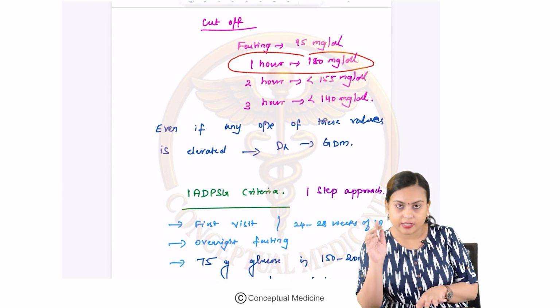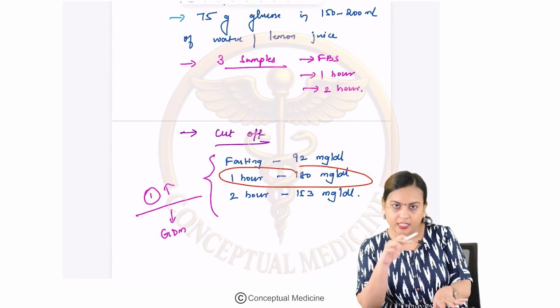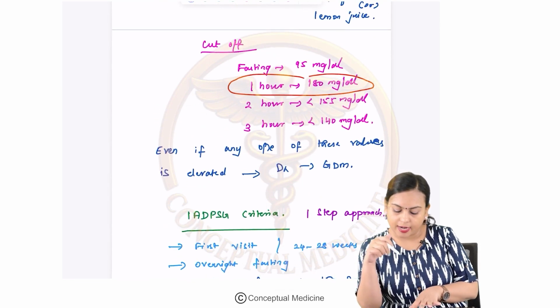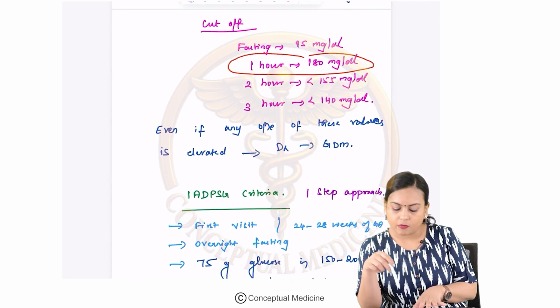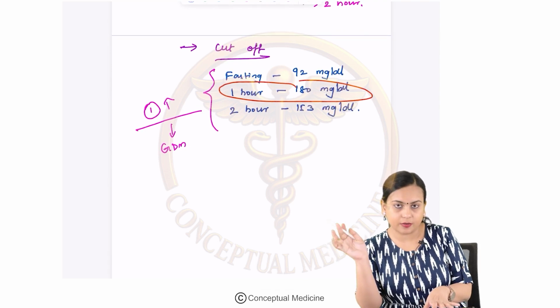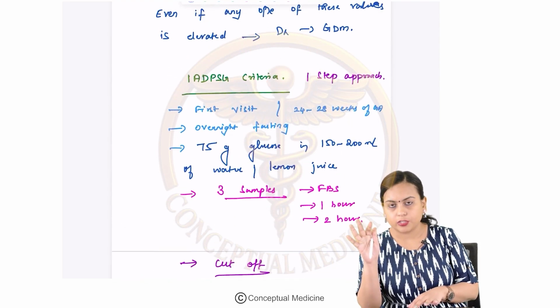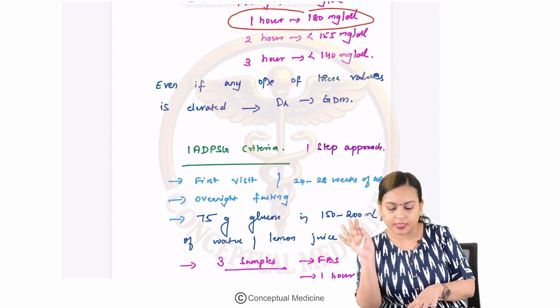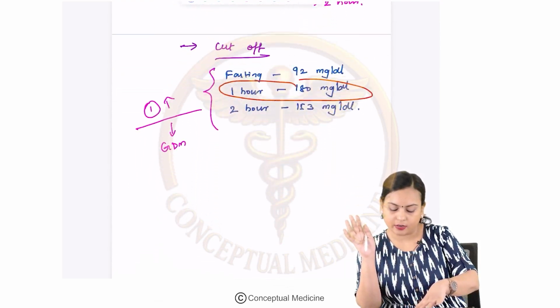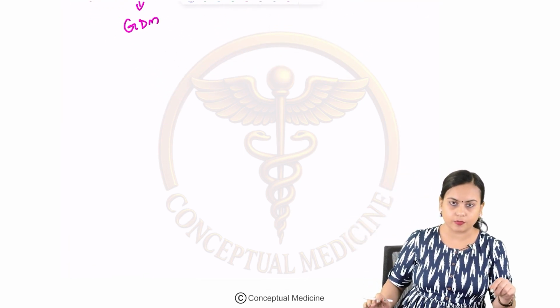In the OGTT, fasting is 95 milligram per deciliter, whereas in the IADPSG, it is 92, right? And the 2 hour value is 155 milligram per deciliter in OGTT, and here the 2 hour value is 153 milligram per deciliter. Clear? And we have a 3 hour value for OGTT, that is 140 milligram per deciliter, whereas we don't have a 3 hour value in IADPSG. Clear? So the reference ranges are also important.